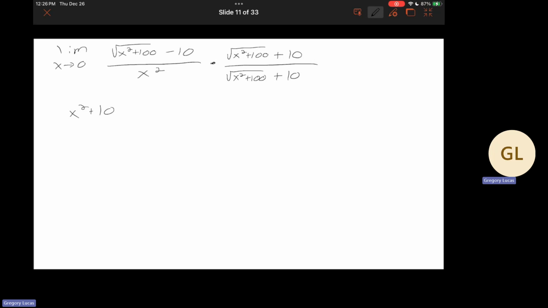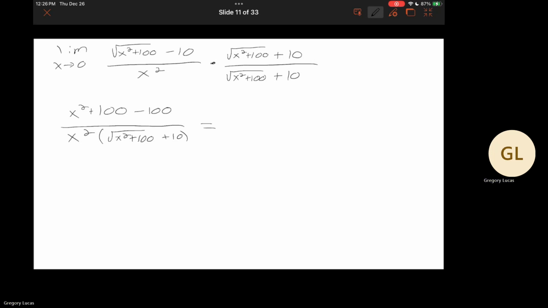We have x squared plus 100. 10 times 10 is 100, so a squared minus b squared gives us minus 100. And then we have over x squared times the square root of x squared plus 100 plus 10.